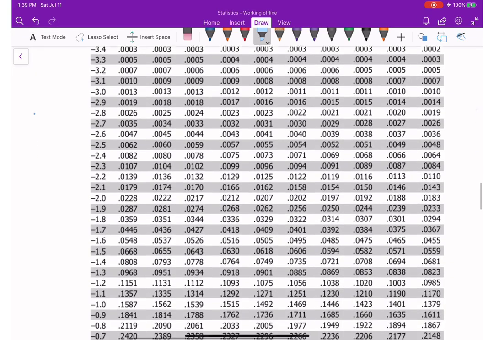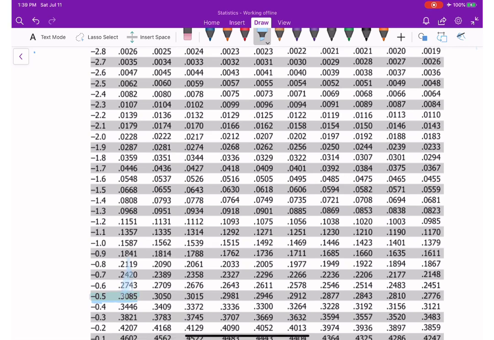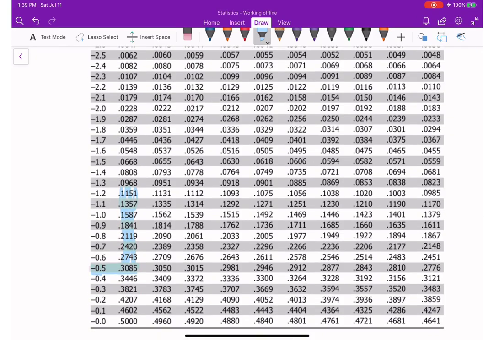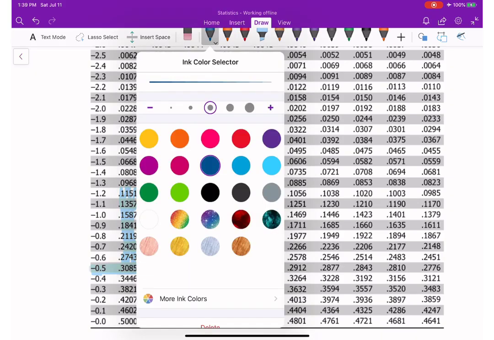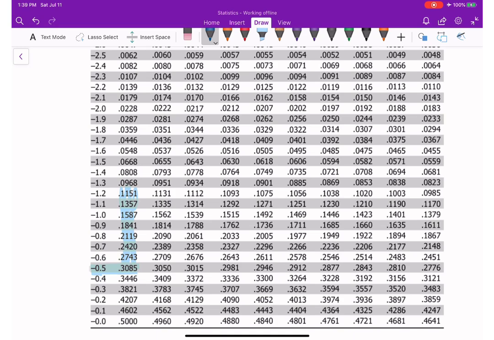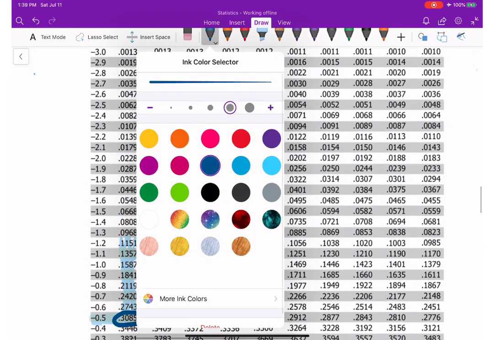It's coming right here, and this is going to be 0.3085. Okay, so when you have only 1 decimal instead of 2 decimals, then you just add 0. So it will be 0.3085.